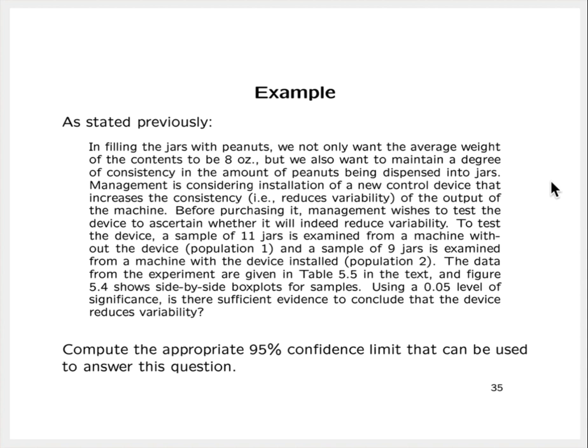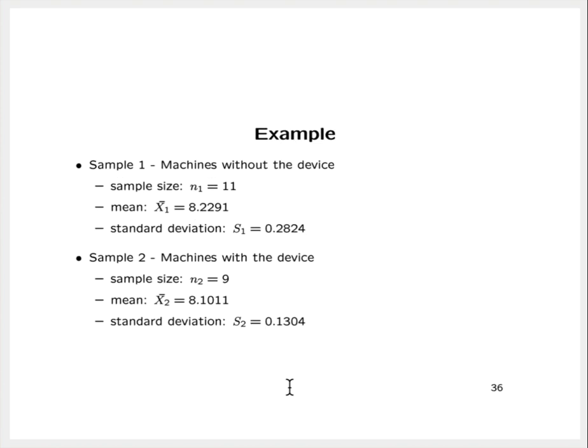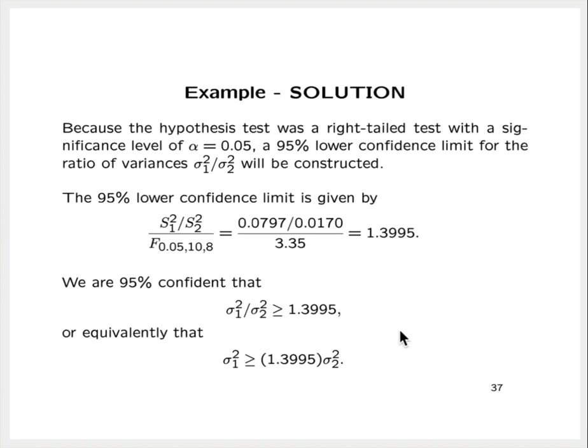The data were given, so we saw the data back on our previous slide, and so what we want to do is compute the appropriate 95% confidence limit that can be used to answer this question. So here's the data again replicated so that we can refer to it easily.